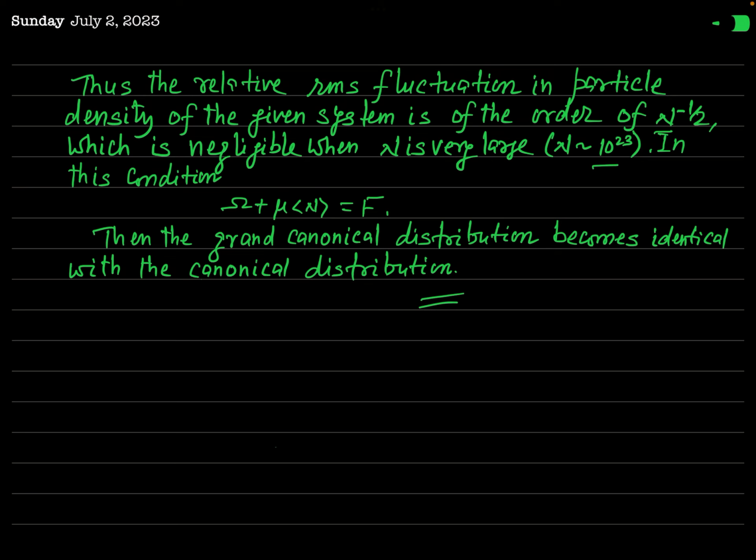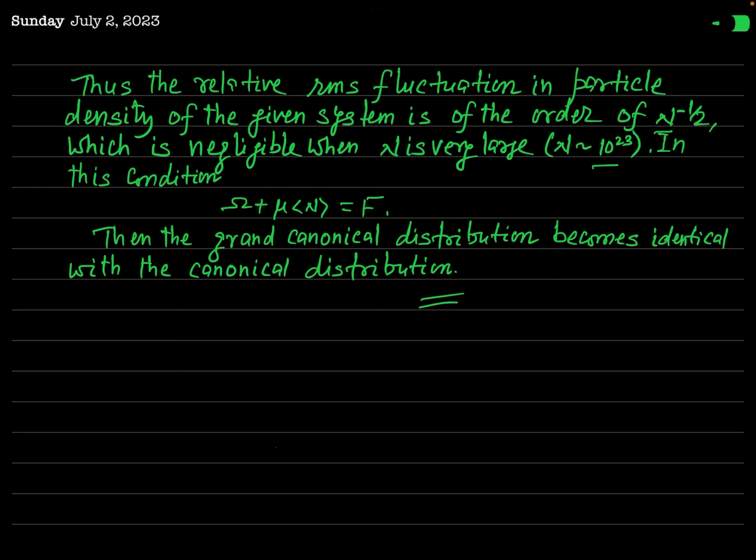So this relative root mean square fluctuation will be negligibly small when we are talking about the grand canonical ensemble consisting of a large number of particles. In this condition the number of particles remains almost constant, and so the grand canonical ensemble will behave just like a canonical ensemble.